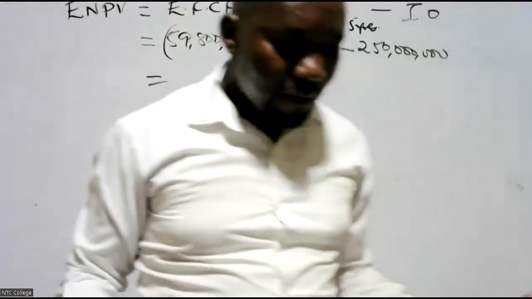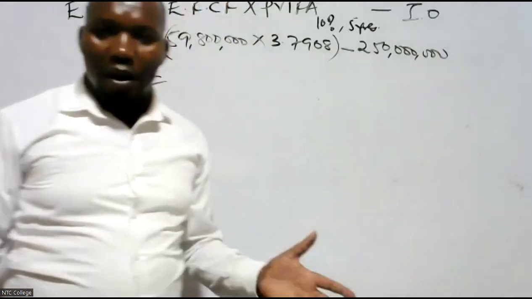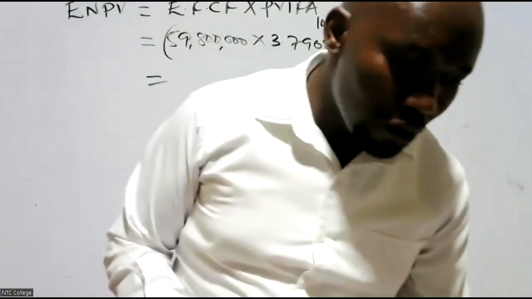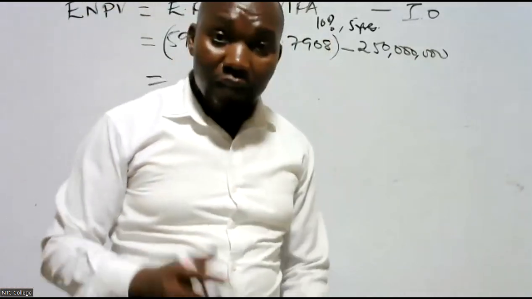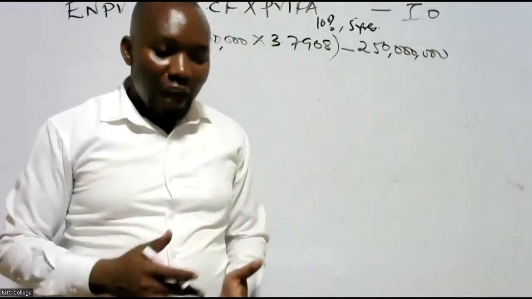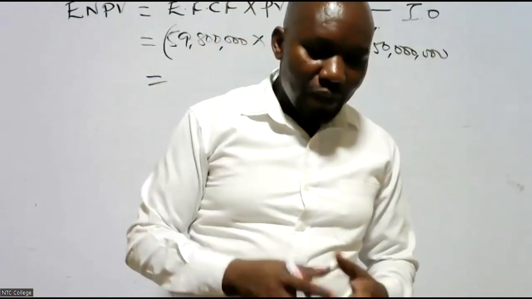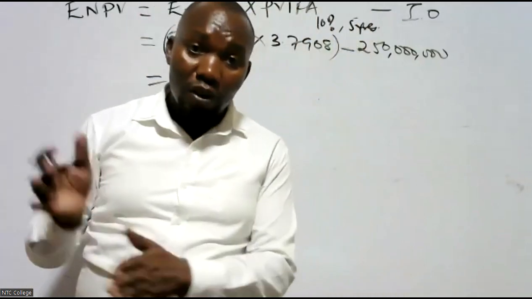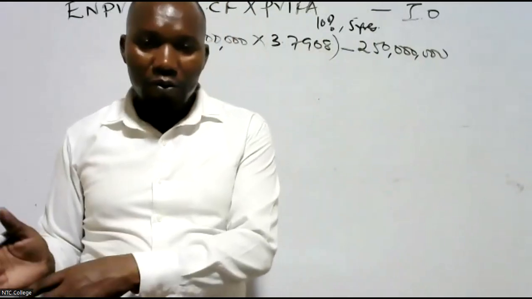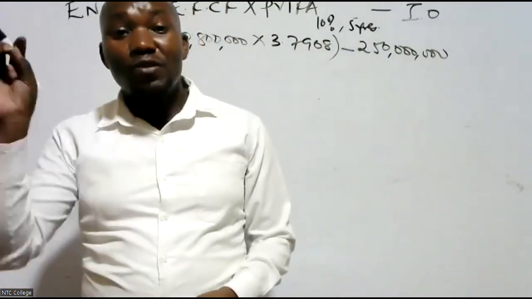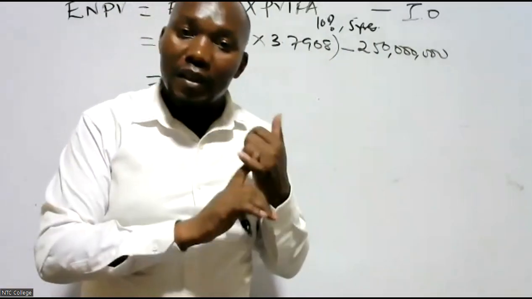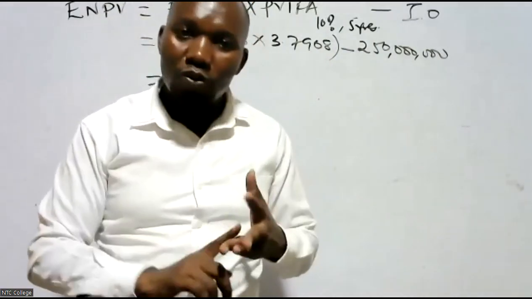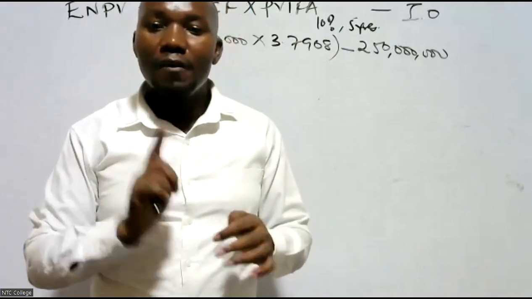If it is negative, you reject. Always advise. Why PVFA? It is PVFA because we are given the annual sales volume, and the sales volume is the same every year. We also have the price, so if you calculate it you get annual revenue. When they say annual, it means every year it is the same. We don't have a separate revenue for year 1, year 2, year 3, year 4, year 5.